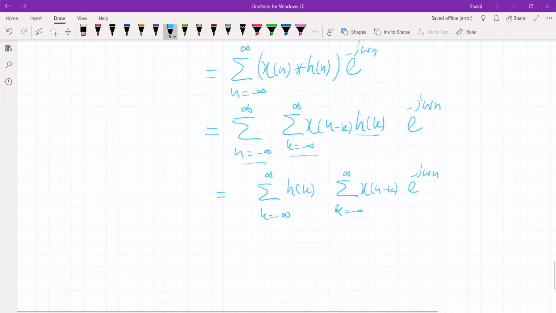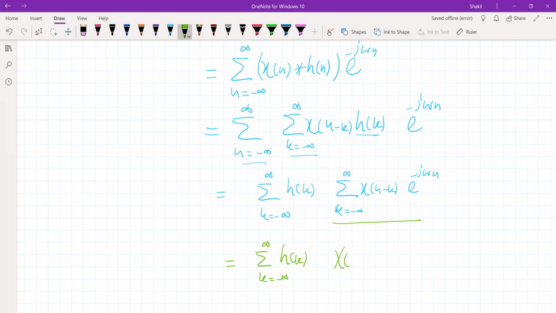Now you can see what the second summation is. This is simply the time shifting property of the discrete time Fourier transform, and you can prove it here also or use the property directly. So we can write the sum over k from minus infinity of h of k times X of omega e to the power of minus j omega k.